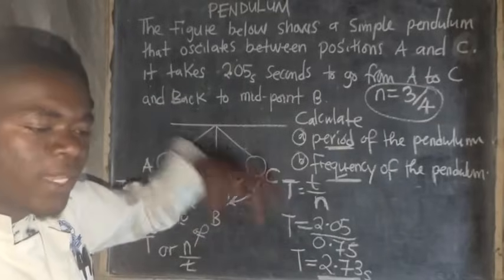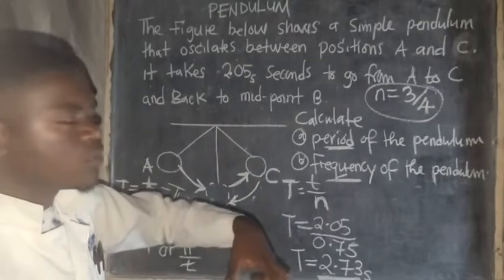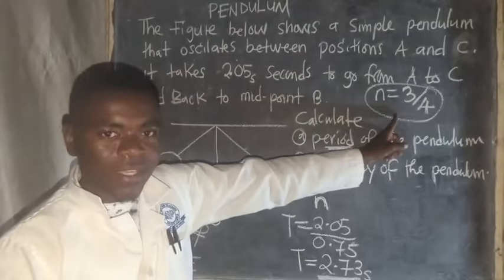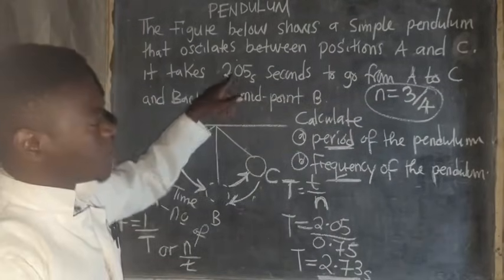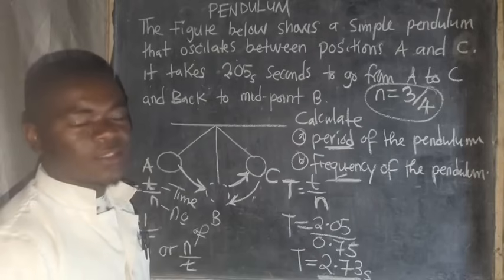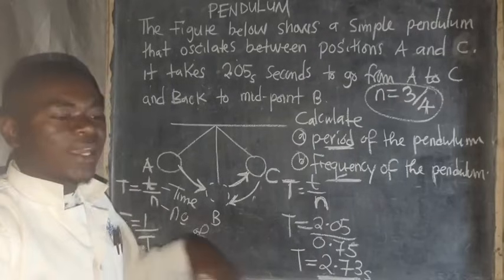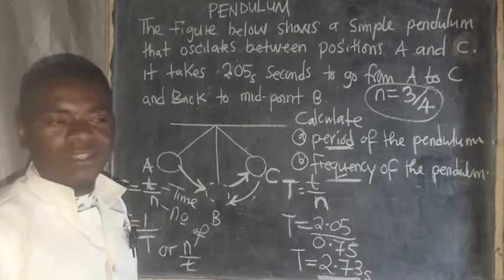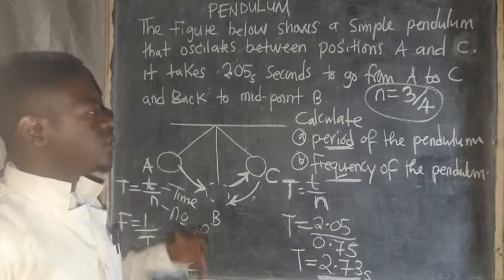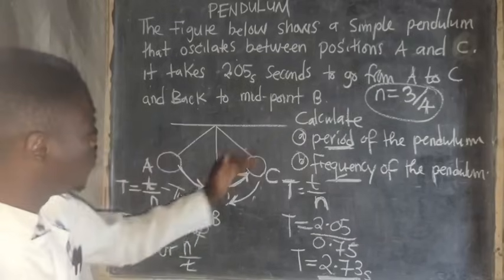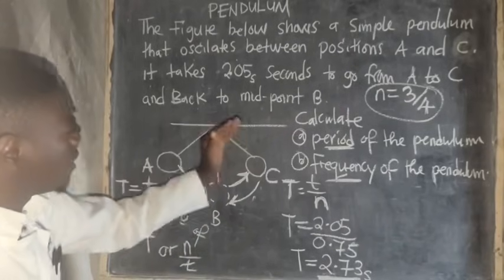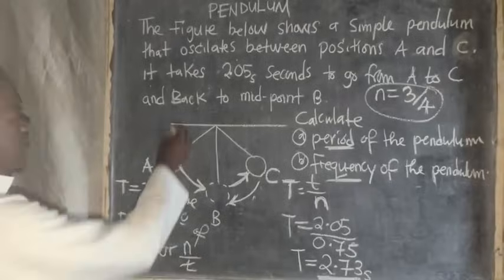Once you know the value of n and the time, then you can calculate anything that you are told. These are simple things that you are supposed to know. So the diagram will always be like this.